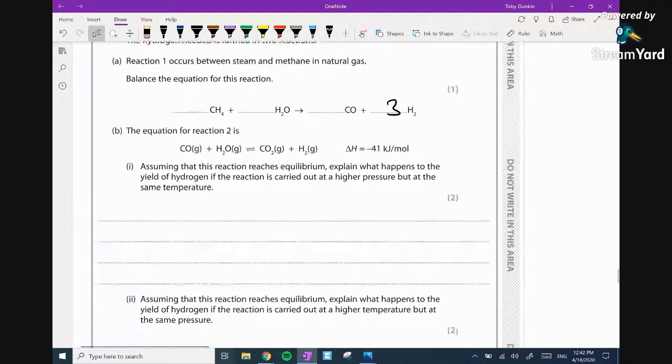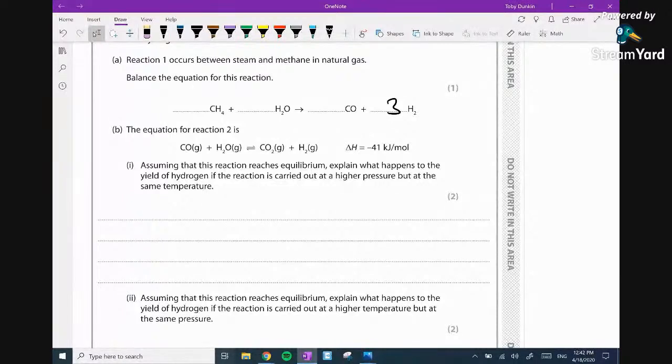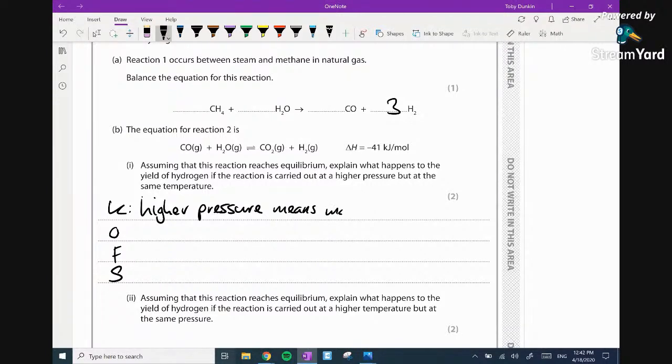Assuming that the reaction reaches equilibrium, explain what happens to the yield of hydrogen if it's carried out at a higher pressure. Right, so we're running coughs. Knowledge: at higher pressure means more particles per unit space.